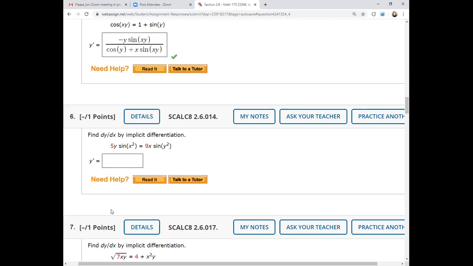Better lighting right here. Let's see if it came out. Let's see. It's not bad.